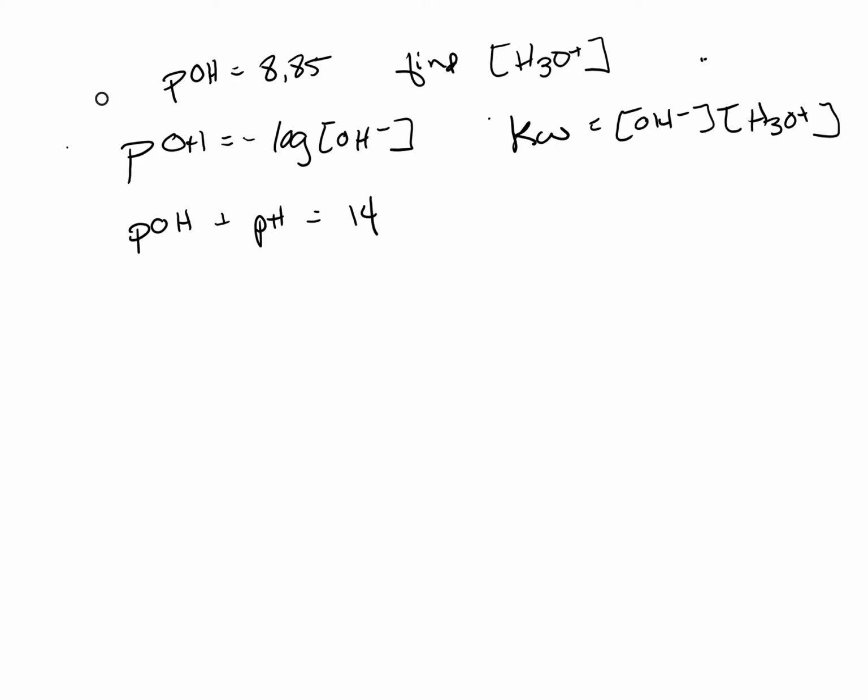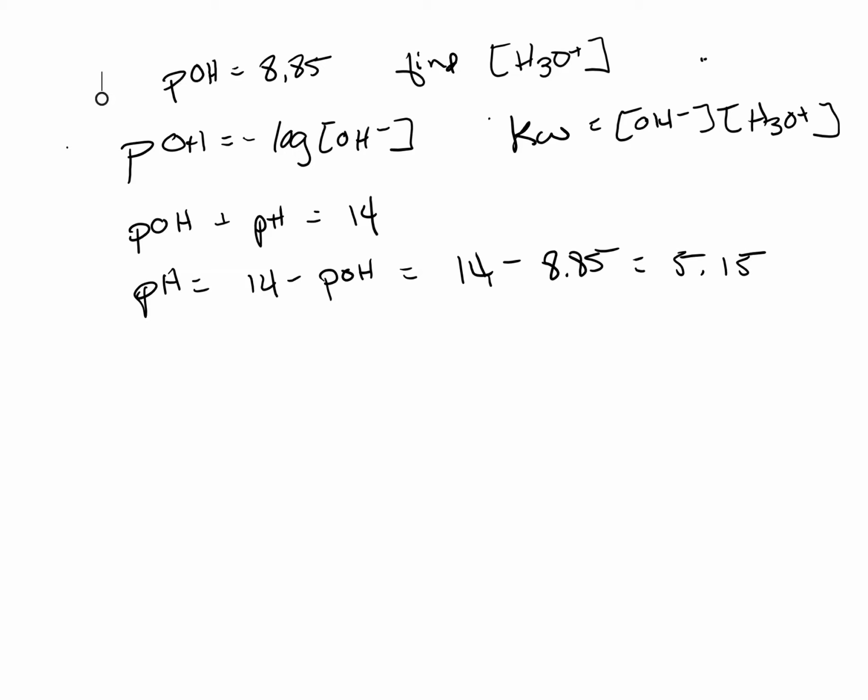And I think this is a clearly more elegant solution, because all you have to do to solve from this perspective is rearrange the equation to solve for pH. So in this case, 14 minus 8.85, which gives you a pH of 5.15.